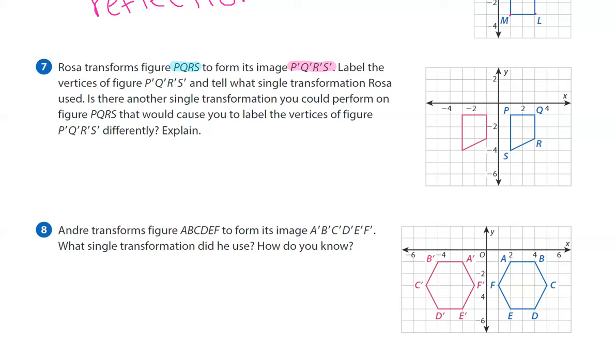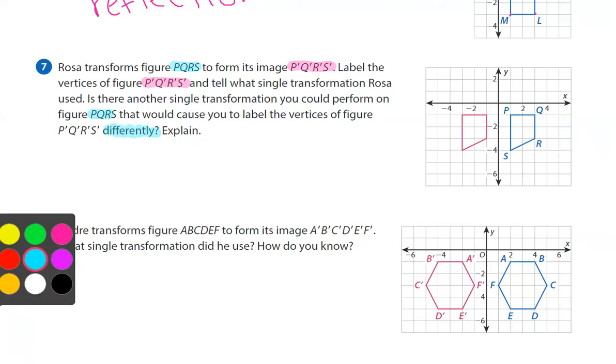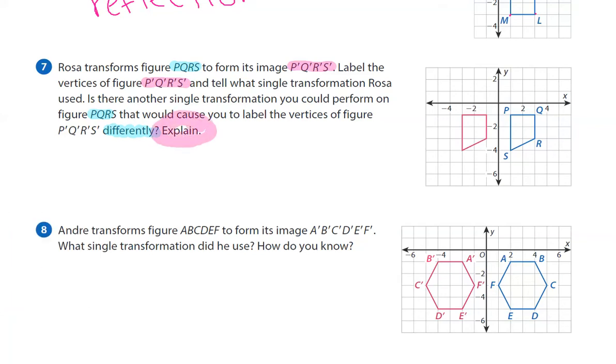Label the vertices of figure P prime, Q prime, R prime, S prime, and tell what single transformation Rosa used. Is there another single transformation you could perform on this figure, PQRS, that would cause you to label the vertices of the figure differently? Explain.